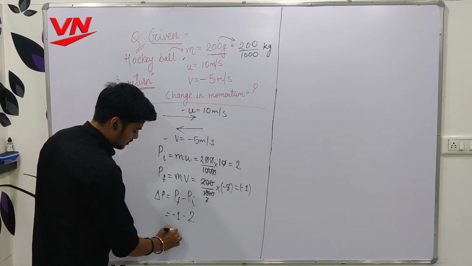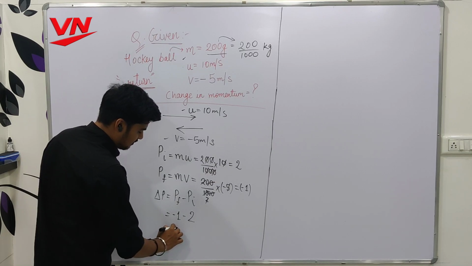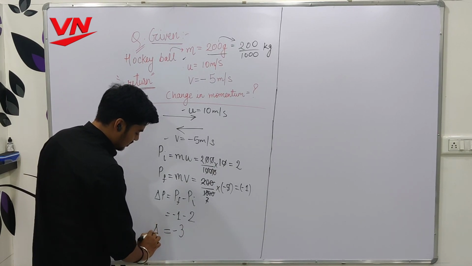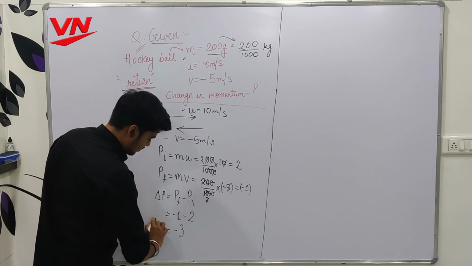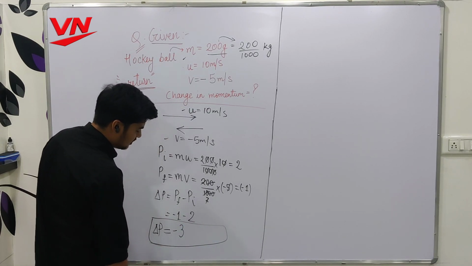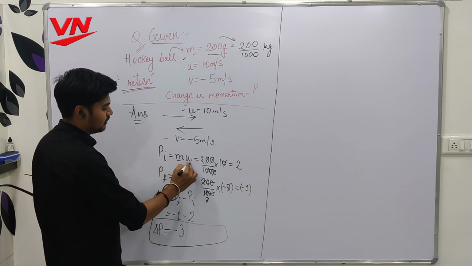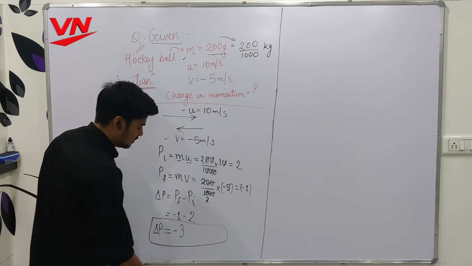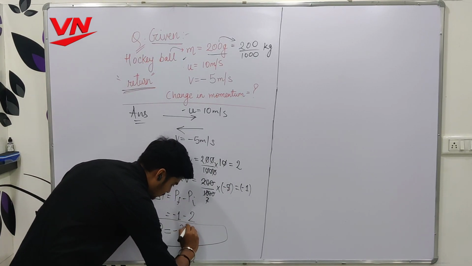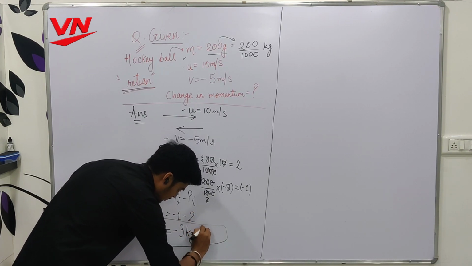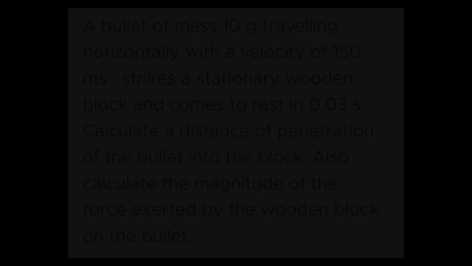Minus 1 minus 2 is minus 3. Change in momentum delta P will be minus 3, and as you know, the unit of mass is kg, unit of velocity is meter per second. So the unit of momentum or change in momentum will be kg meter per second.